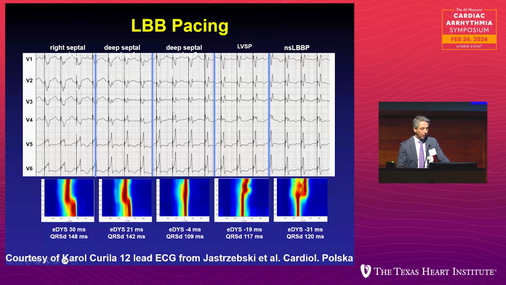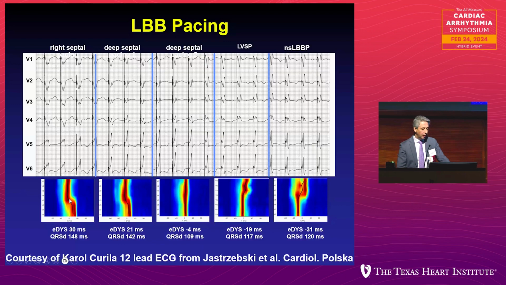Now, when you do left bundle branch pacing, here is an example where you screw the lead deeper and deeper in the septum, and you monitor both the QRS morphology changes as well as do ultra-high frequency at different depths. Again, you can see that as you screw deeper and deeper, the morphology changes from a left bundle to right bundle branch morphology.